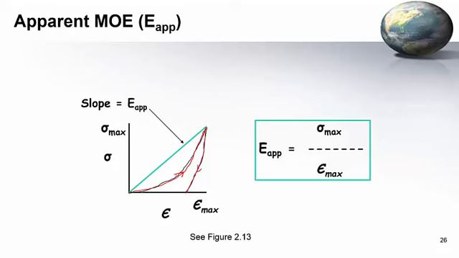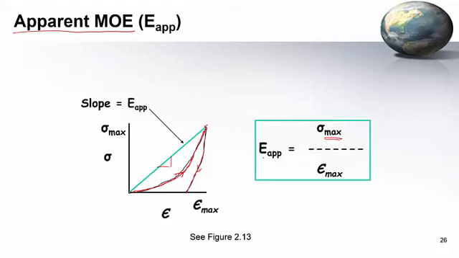So if you look at it, the slope keeps on changing, right? So there is not a single Young's modulus value. Rather, we use a term called apparent modulus of elasticity. We pick a point, typically the maximum point, and draw a linear line and find a slope.